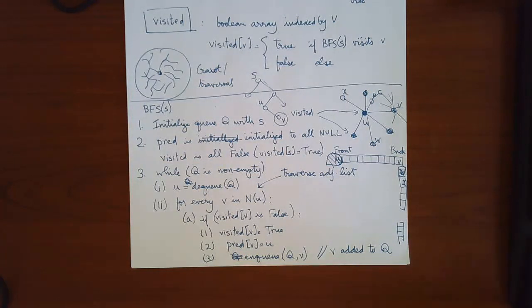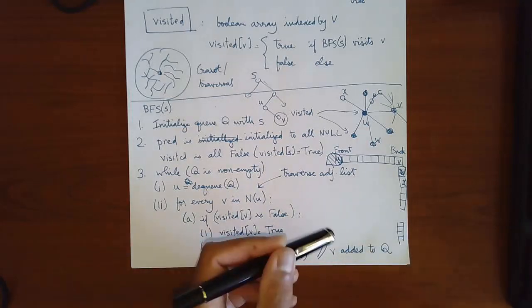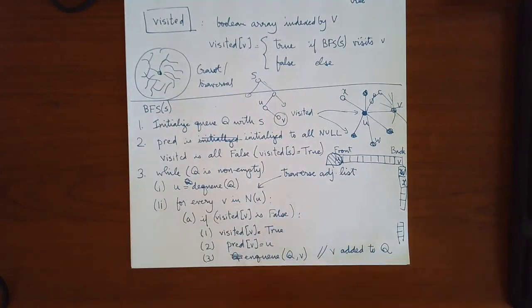That's why it's called breadth first search. It's a little tricky, but you can formally prove that what you get out of this is a shortest path tree.